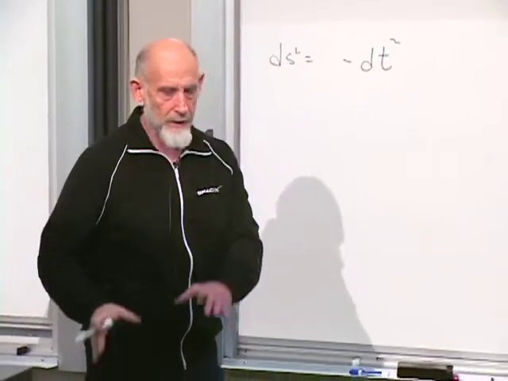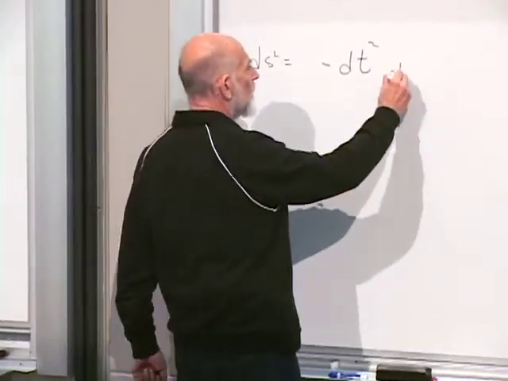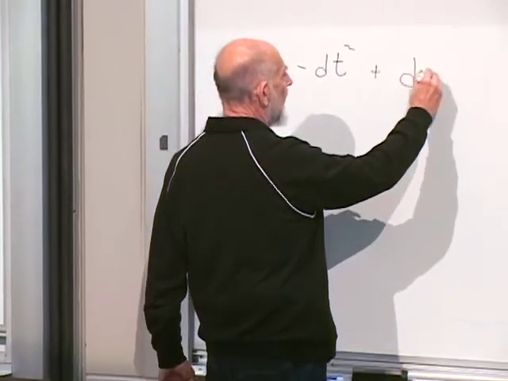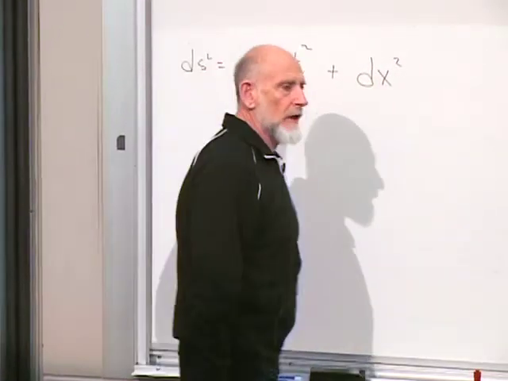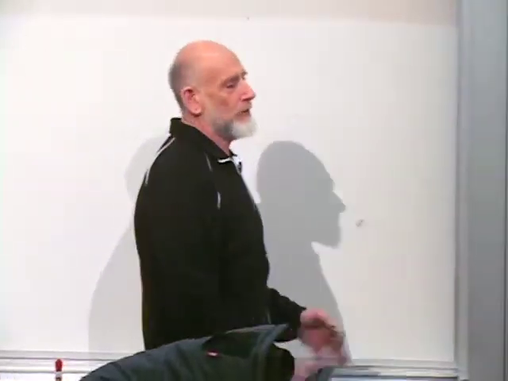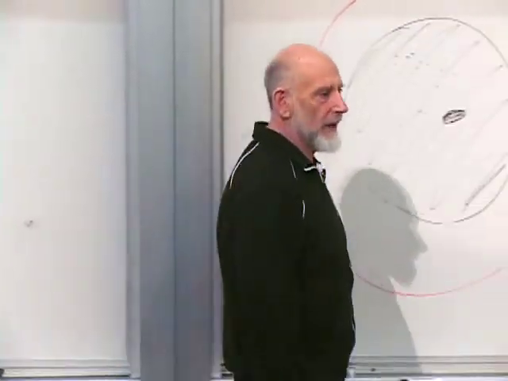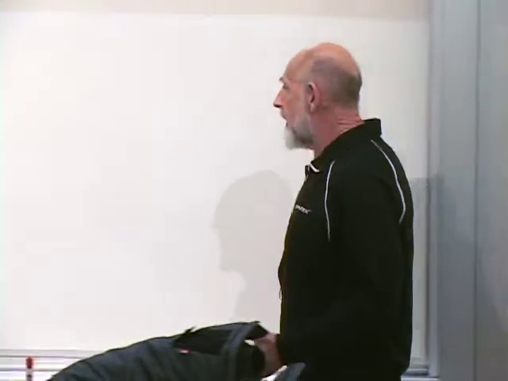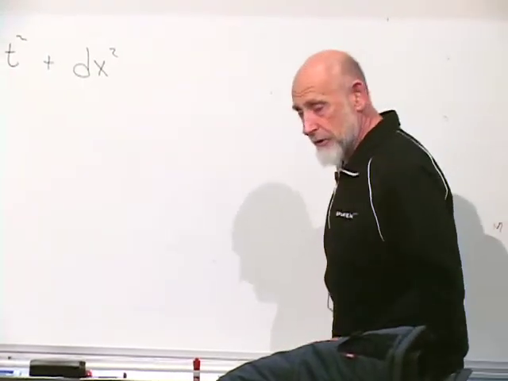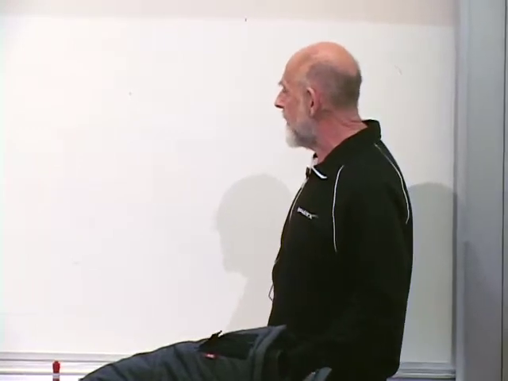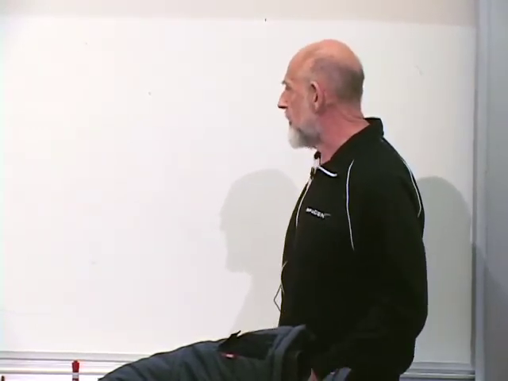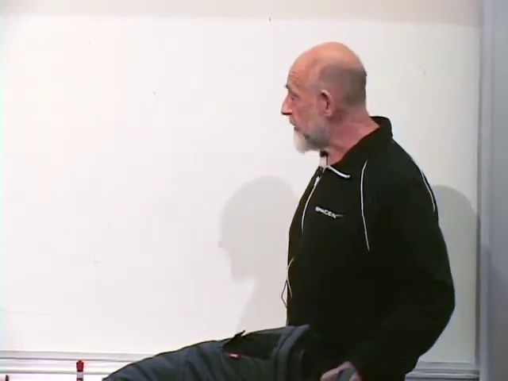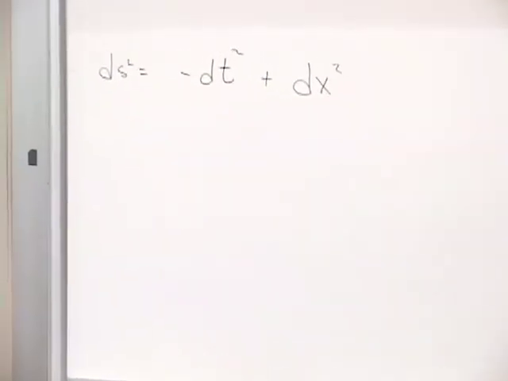Now, if I were just writing Minkowski space, I would write plus dx squared, where dx squared stands for dx squared plus dy squared plus dz squared, which I'm not going to write down in general. It would be minus dt squared plus dx squared. If you wanted to put in the speed of light, you would write minus c squared dt squared plus dx squared. But I'm not going to put in the speed of light. This would be the thing you would normally put in.